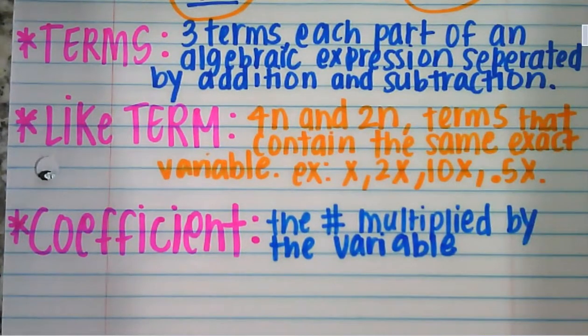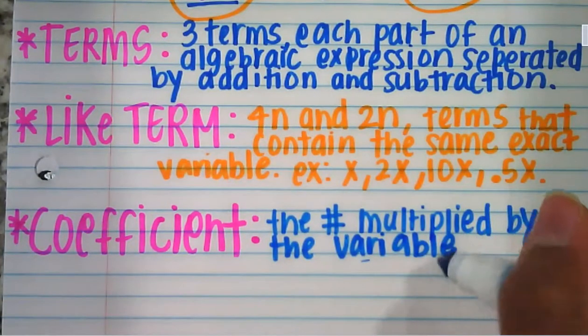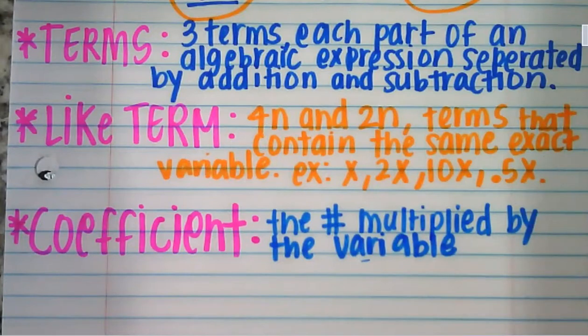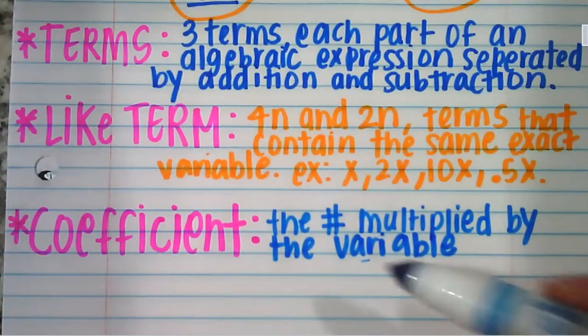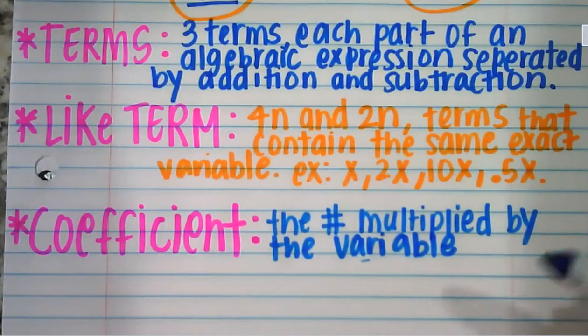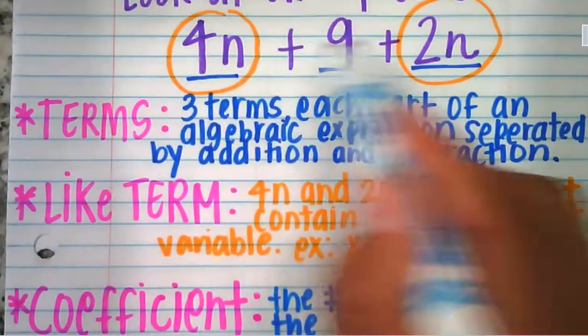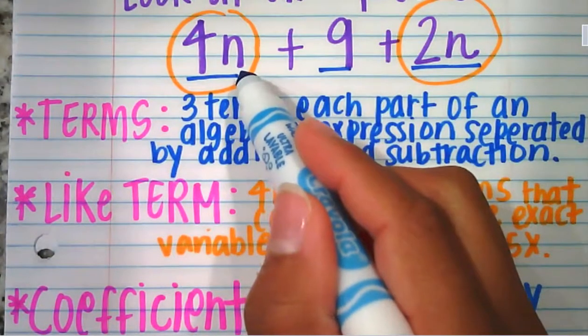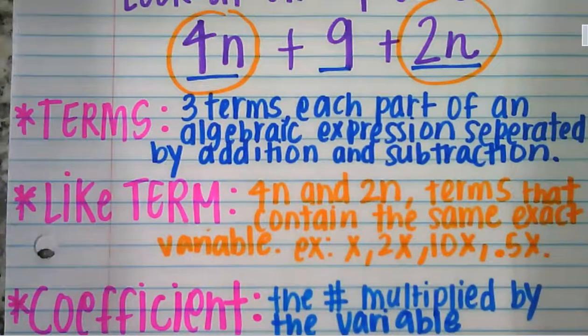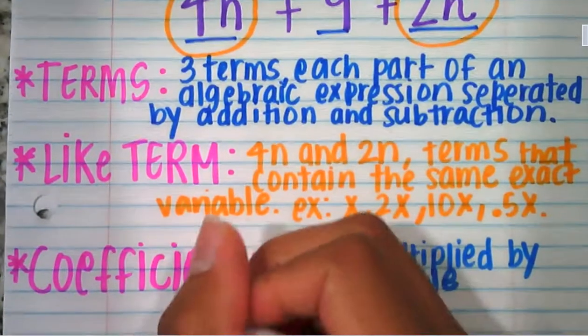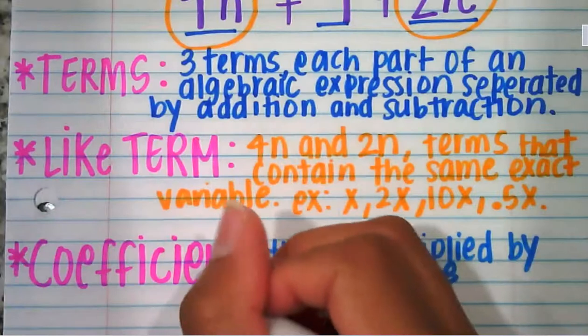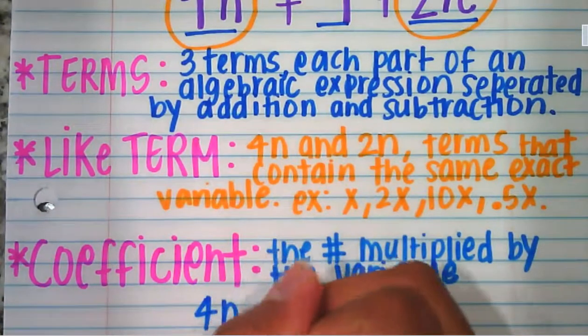If you don't remember, take a look back at your notes on evaluating expressions. We talked about what a variable is. A variable is just a letter representing a number. When we say a number multiplied by a variable, let's take a look at our expression. I can see two terms with variables. Let me write those down. So we have 4n and 2n.